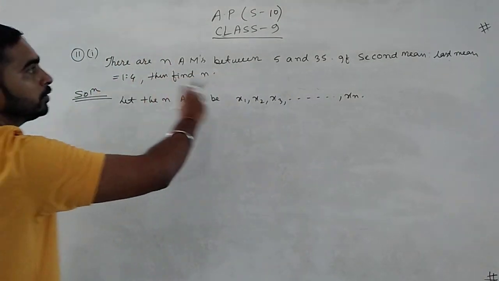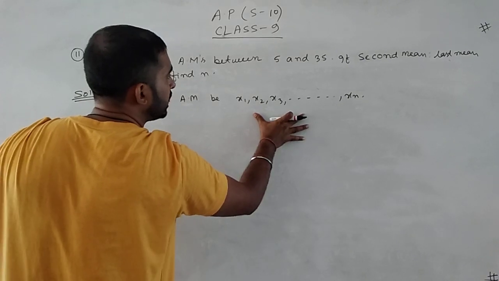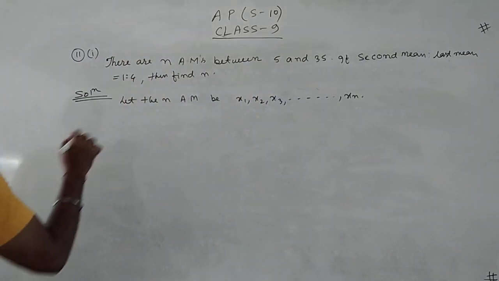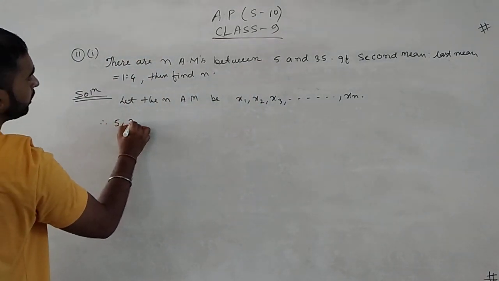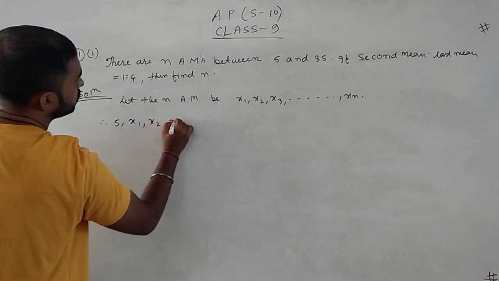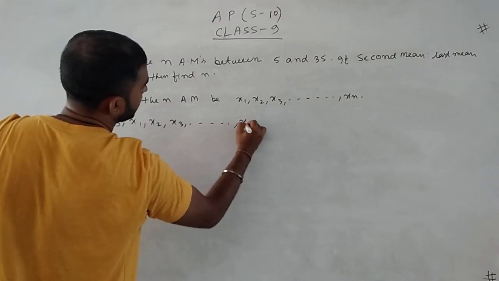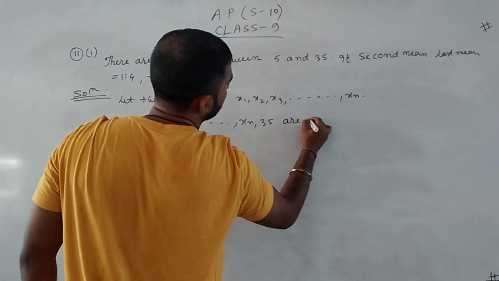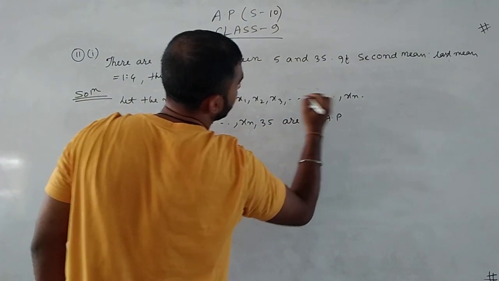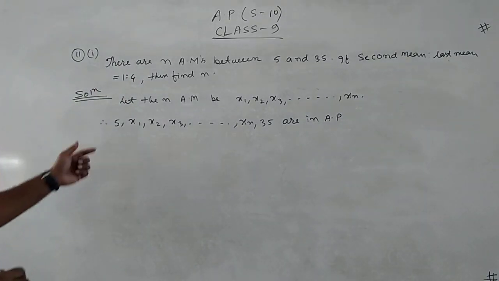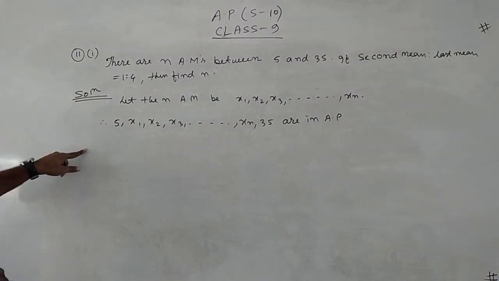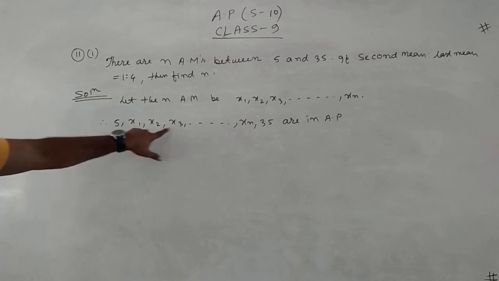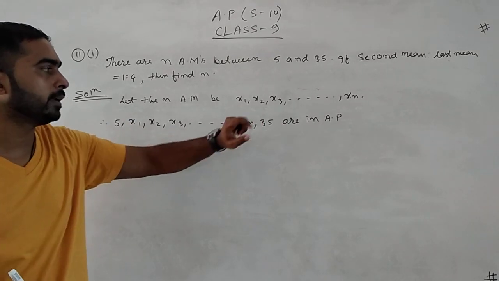If these are the AMs between 5 and 35, it means these numbers lie between 5 and 35. Therefore 5, x1, x2, x3 up to xn, 35 are in AP, because they are arithmetic means, that's why they form an AP.